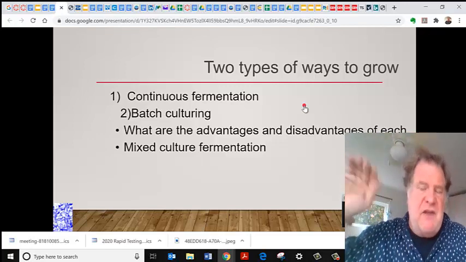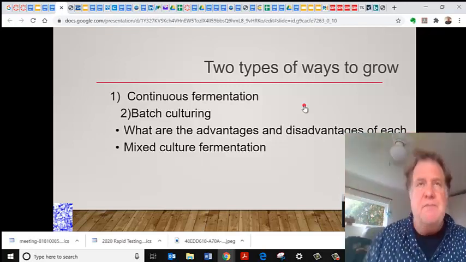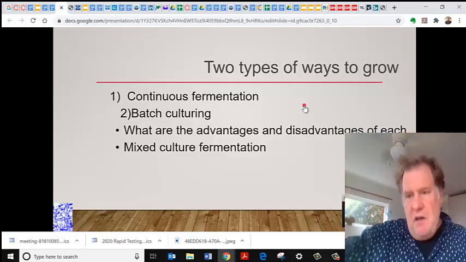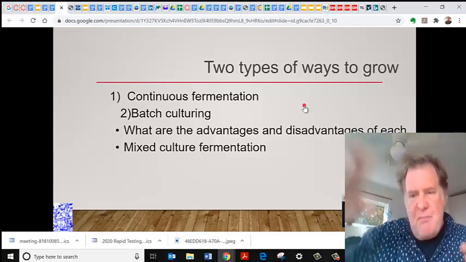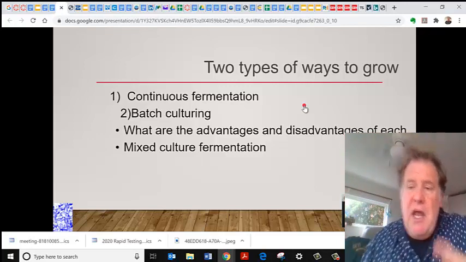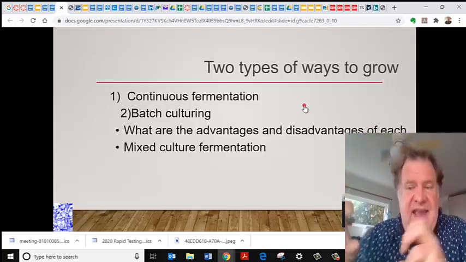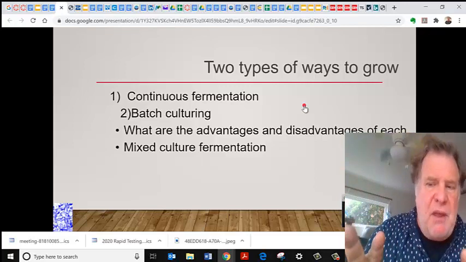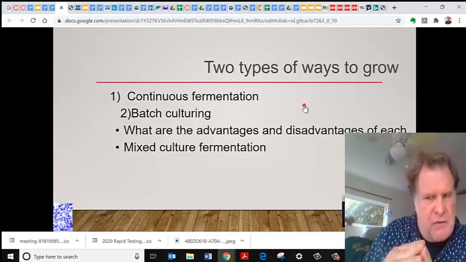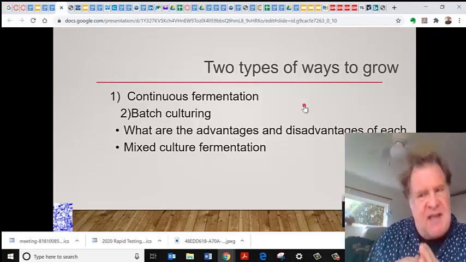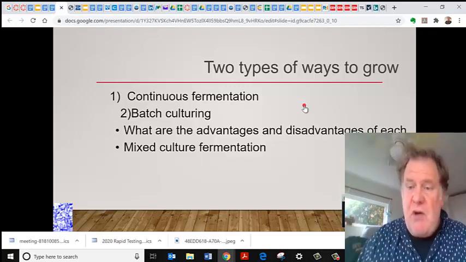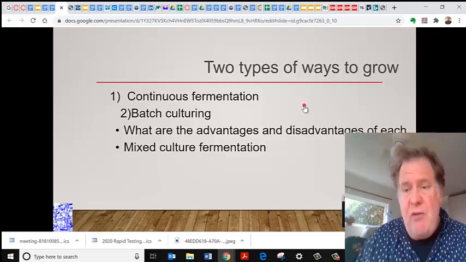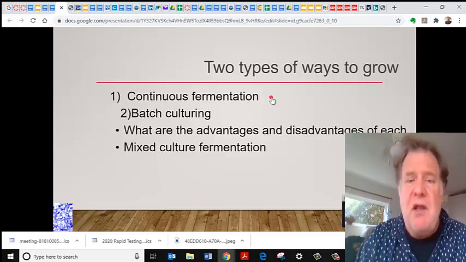Remember, they reach the death phase, after the lag, log, and post-exponential growth, because they're running out of nutrients or building up toxins. What we found is that you can take out a little bit of the media and add a little bit more. That lowers those toxins and raises the nutrients that you want, and the bacteria will continue to grow. We can do this type of growth for a very long time, and that's what we call continuous.